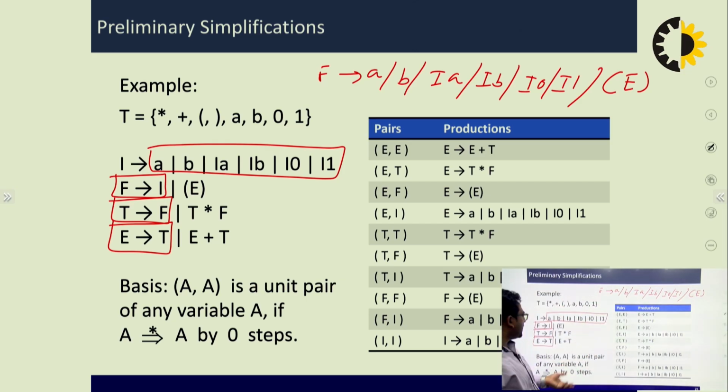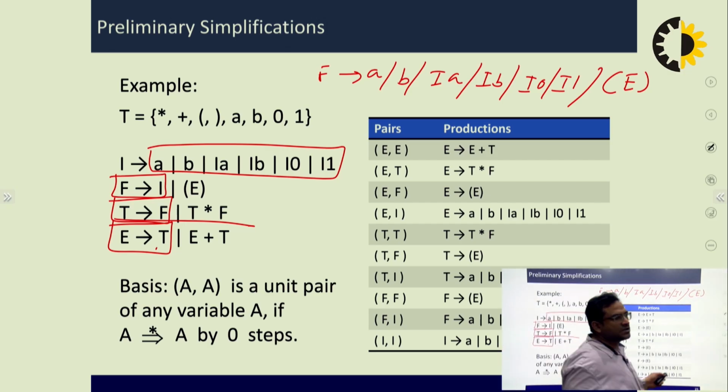Next, you replace this updated F value in the same way, so this also becomes free of unit production. Then you put the value of T here. This is the way you can remove the unit production from the grammar.